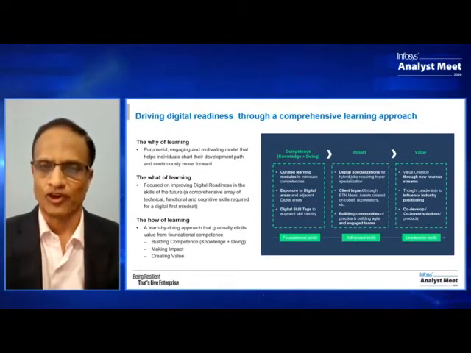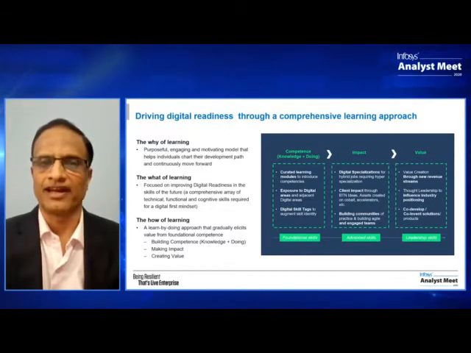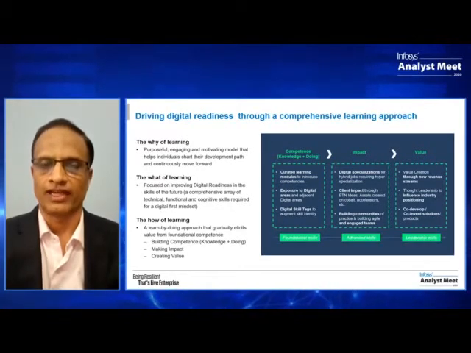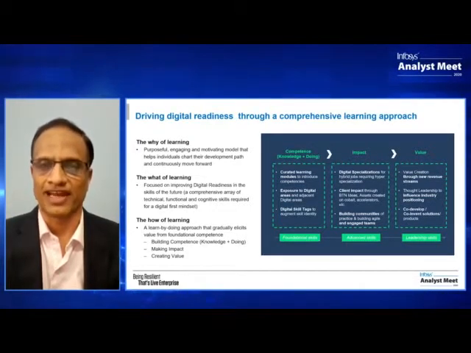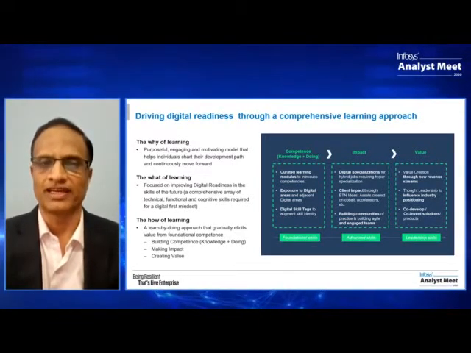The what: focusing on a comprehensive skills catalog that is relevant today and for the future, a combination of technical, functional, and cognitive skills that build a digital first mindset for business. And finally, the how: the Infosys learning approach is a learn by doing method that also gauges effectiveness of learning. Through this approach, we ensure that learners are gradually guided from conceptual knowledge to impact and eventually creating value for clients and businesses alike.